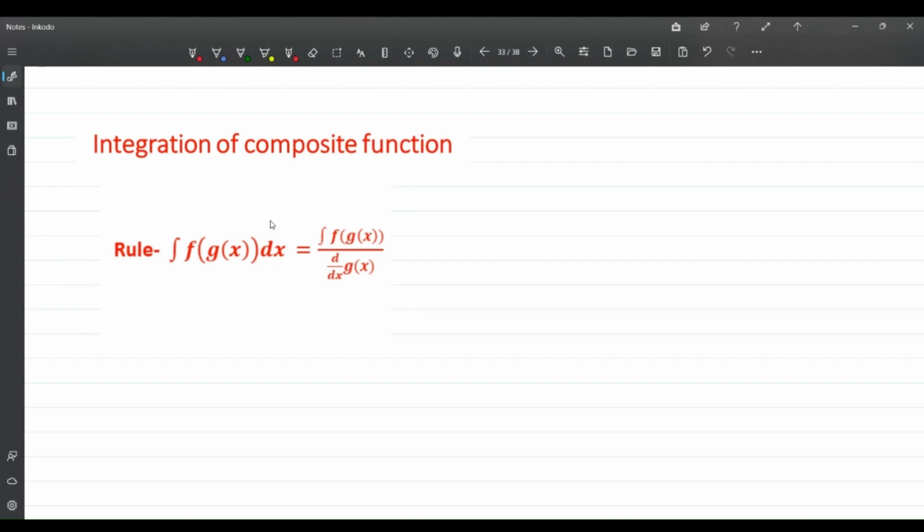Hello all. Our next topic of the integration is integration of composite function. First, what is a composite function?